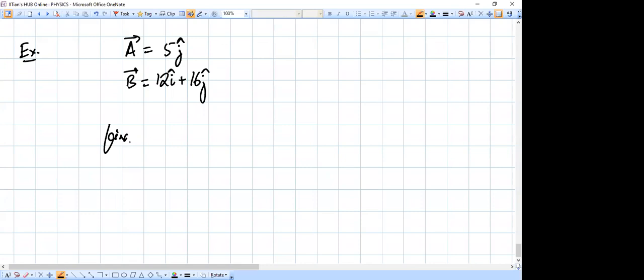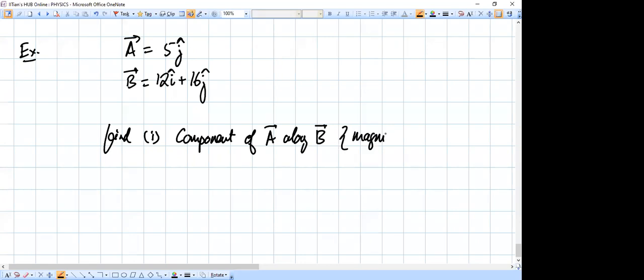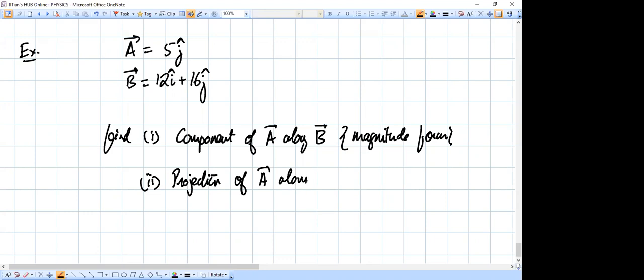Find the component of A along B in magnitude form. And secondly, the projection of A along B. So start working on this.